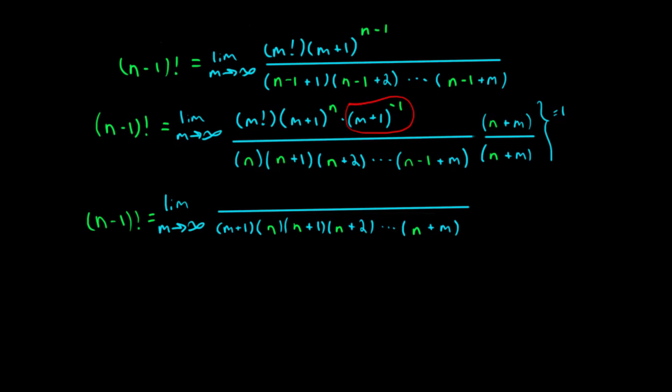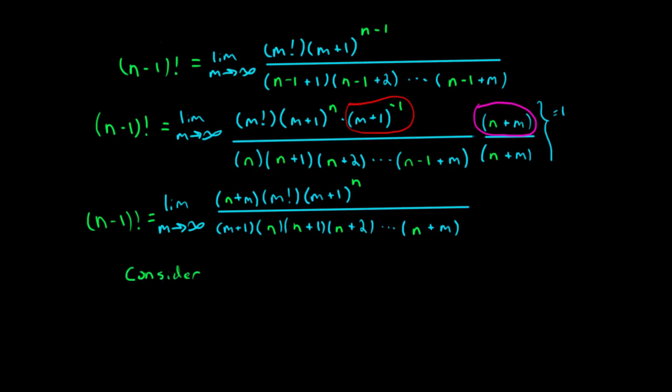So here I've left out the n minus 1 plus m term. It's obviously in there as these numbers are increasing up to n plus m. And then in the numerator we have n plus m as the leading term times m factorial times m plus 1 to the n.